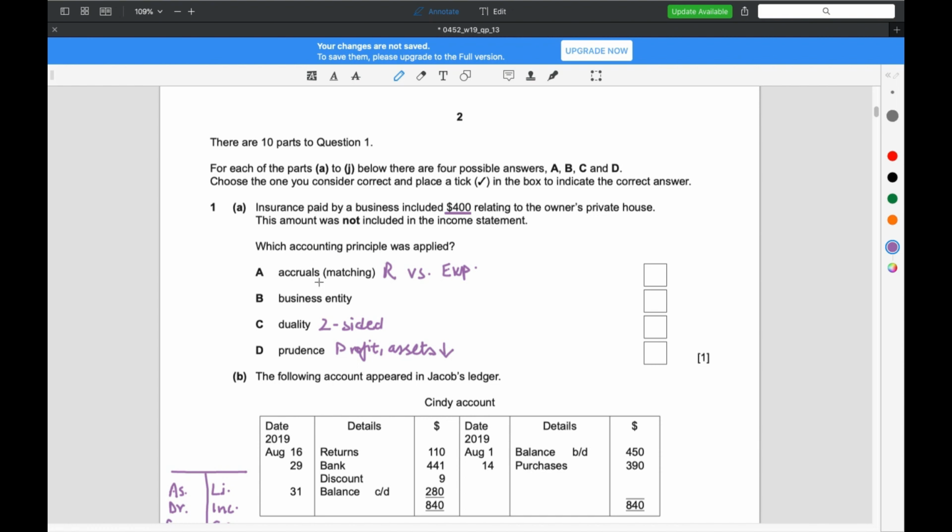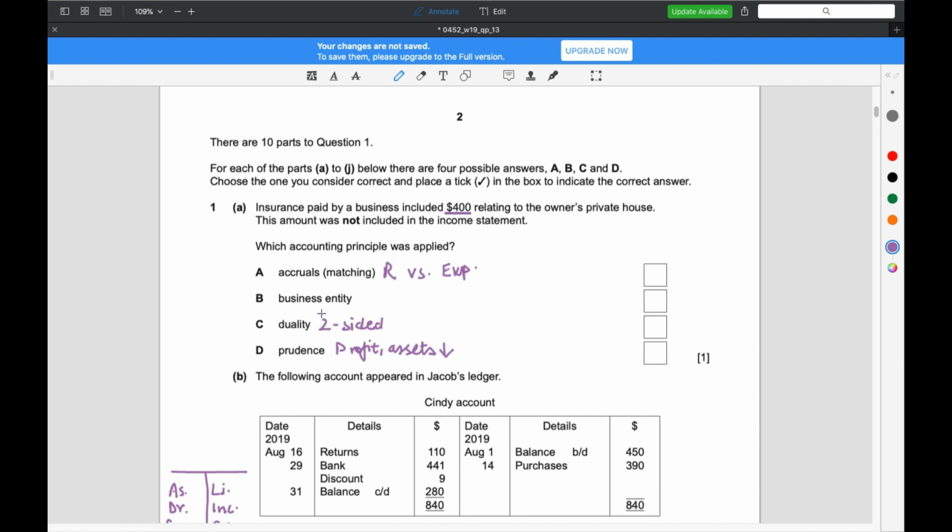So in part A, he's given you the option of the matching concept. Now the matching concept says that the revenues of a business should be counted against its expenses in the income statement. So this doesn't really have much to do with it. And if you take a look at part C and D here, part C says duality, and the duality concept says that every transaction is double-sided.